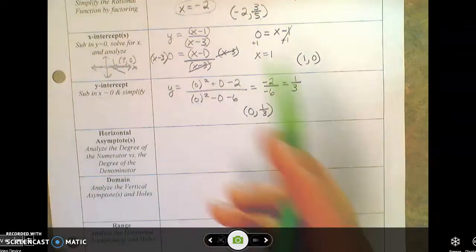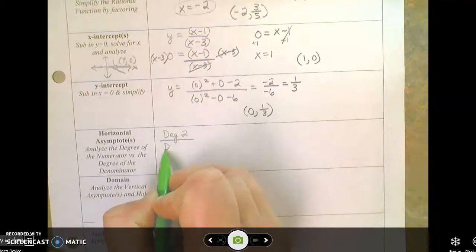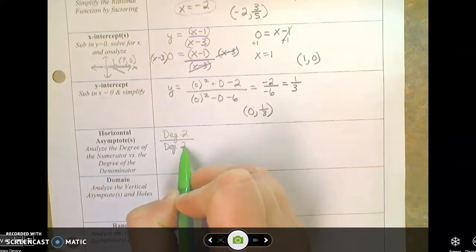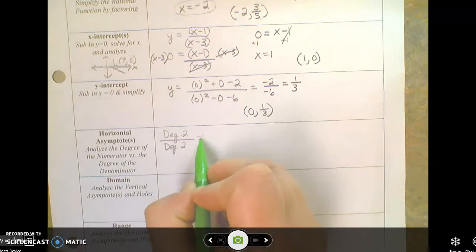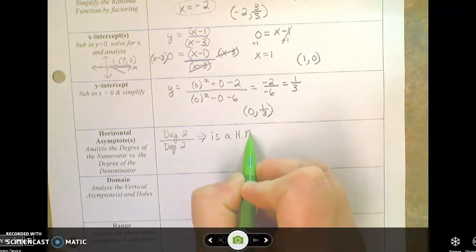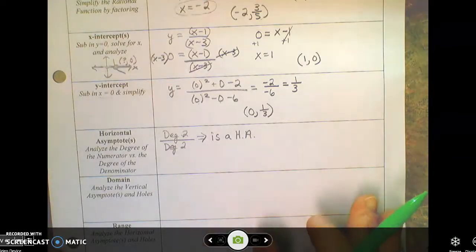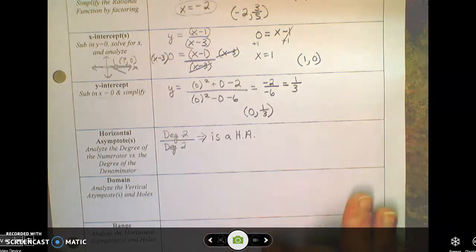So let's go down to our horizontal asymptote. If the degree on the numerator, which is 2 in our case, and the degree of the denominator, which is 2 in our case, are the same, then there is a horizontal asymptote. Now, to find the horizontal asymptote, we take our unsimplified form of our function and look at the leading coefficients.